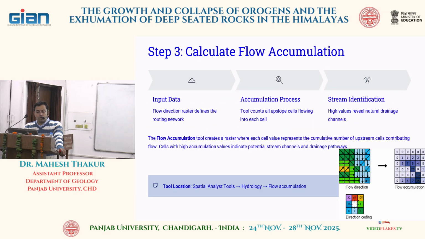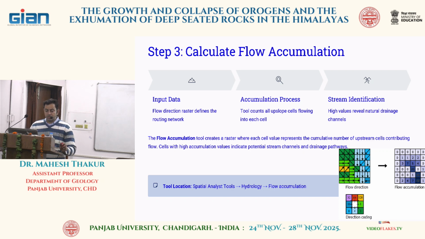Now calculate flow accumulation. Input data: the flow direction raster defines the routing network. Accumulation process: the tool counts all upslope cells flowing into each cell. Stream identification: high values reveal natural drainage channels.